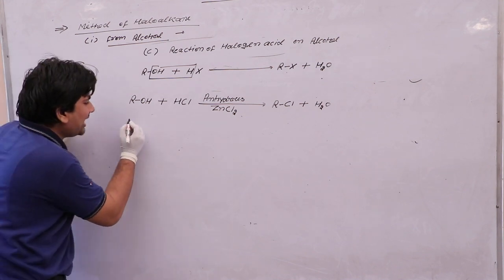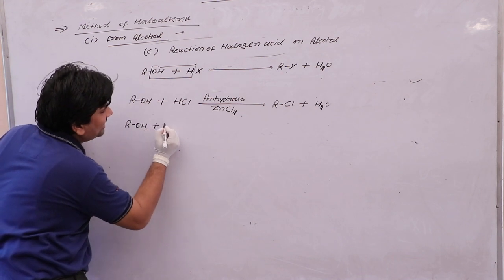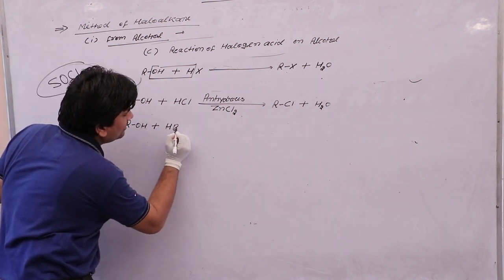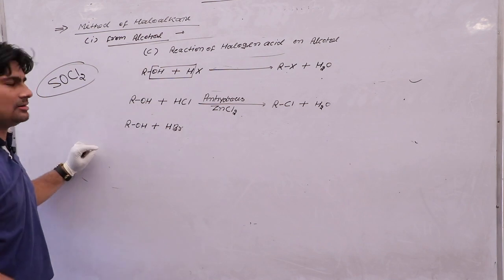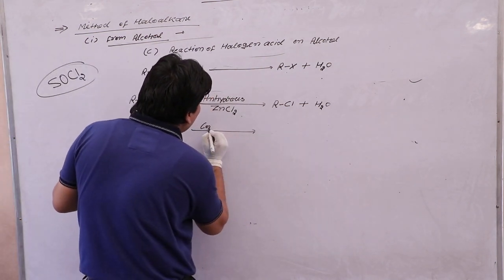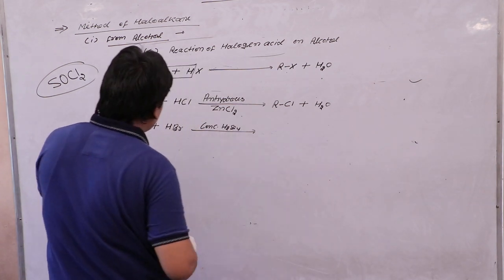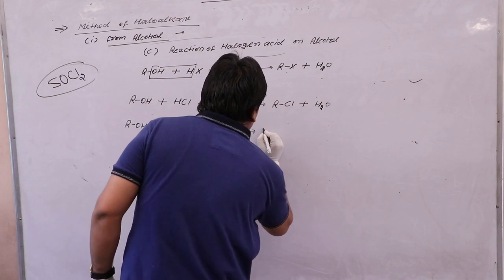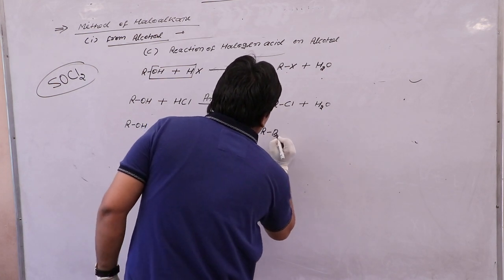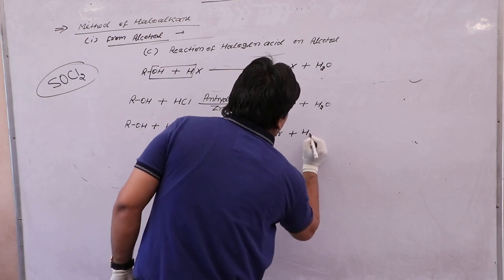Next, alcohol reacts with HBr in the presence of a small amount of H2SO4, giving RBr with removal of water.